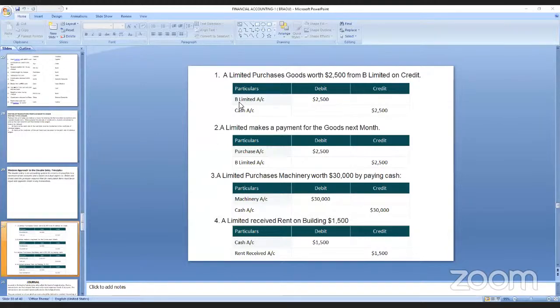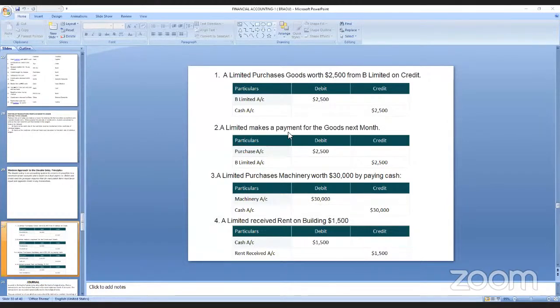So here B Limited account debit to cash, means here 2,500. Means B must get the cash, because he has given the goods on credit. Here dual aspects what? Debit and the credit. These 2 are the dual aspects.